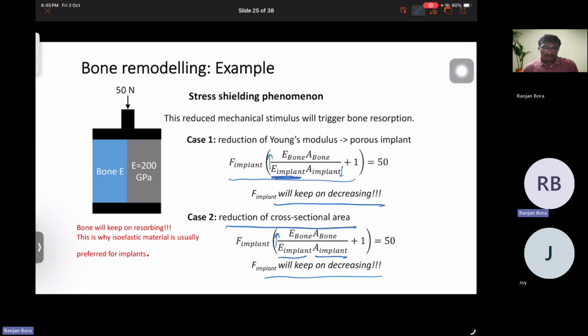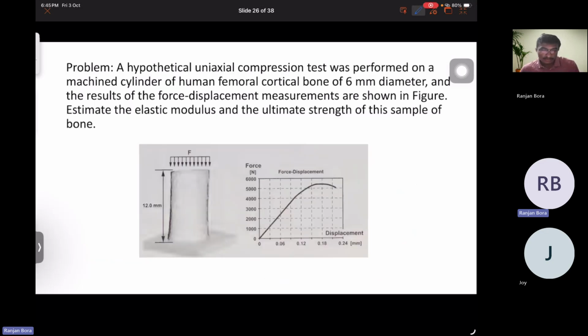Now there is one problem. This problem is related to stress strain, like a uniaxial compression test.